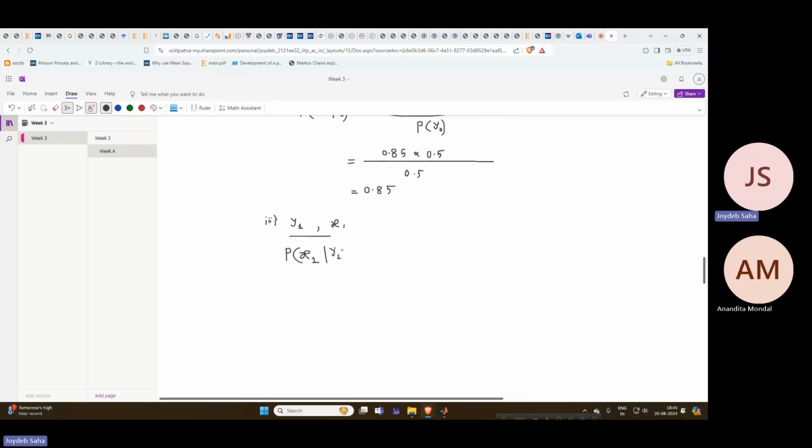So can you try to calculate the value? Take 2-3 minutes and try to calculate. If it is done, please tell the answer. Otherwise, I will solve it.